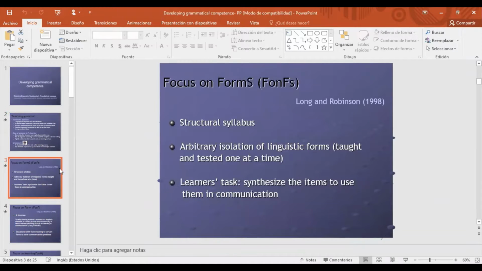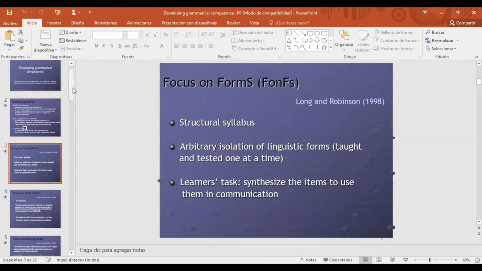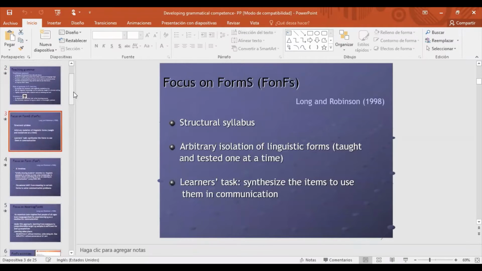So we distinguished the differences between a focus on forms approach, or forms with the S here, which stands for the traditional way in which languages or grammar has been presented throughout history, let's say, right?